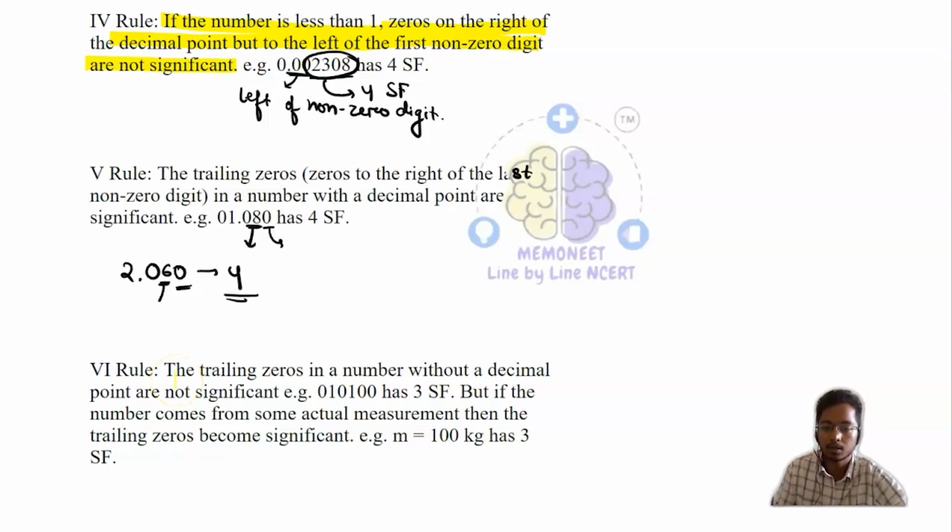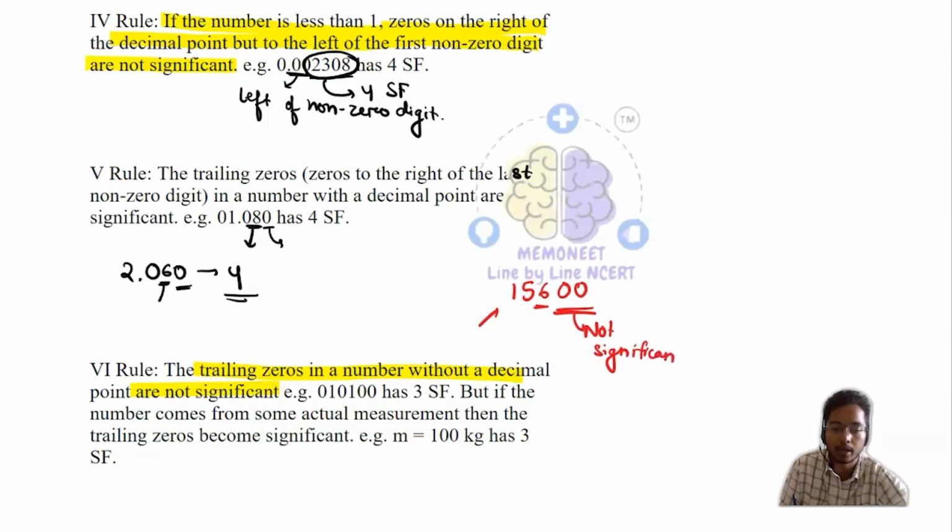The next rule says that the trailing zeros in a number without a decimal point are not significant. Let's say we have the number 15600. The trailing zeros after the non-zero digit are not significant.